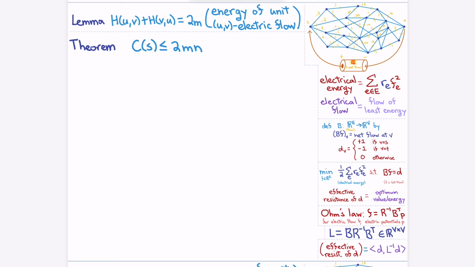Yeah, it's completely crazy. So far, you've somehow made a bizarro connection between electrical networks and hitting times. So the hitting time from U to V plus the hitting time going back is always at most 2m times the energy of a unit UV electrical flow. Somehow I'm going to translate that into a claim about the cover time.